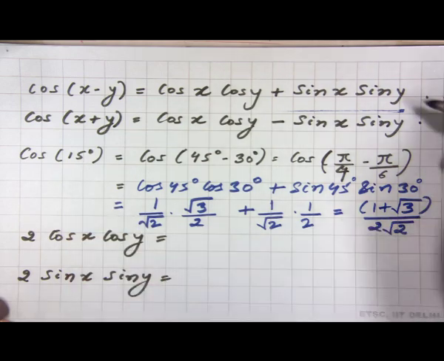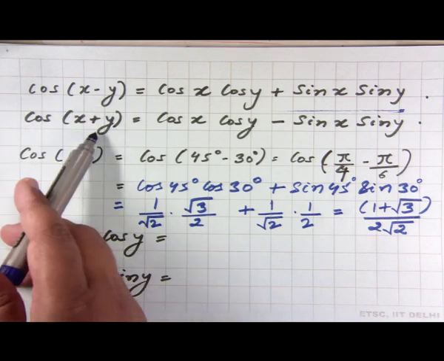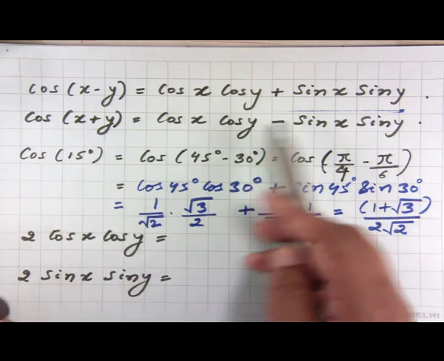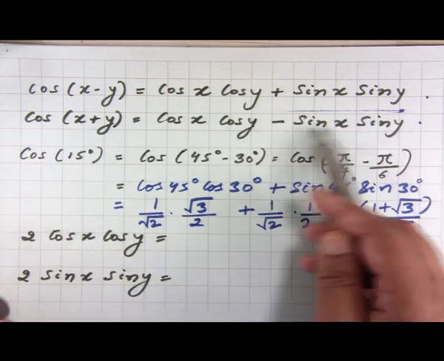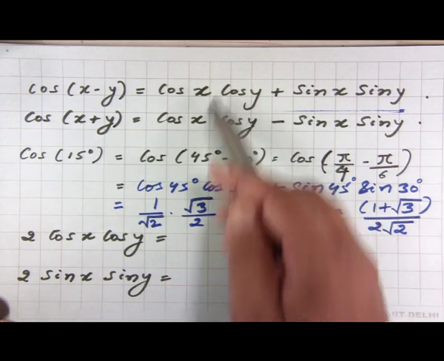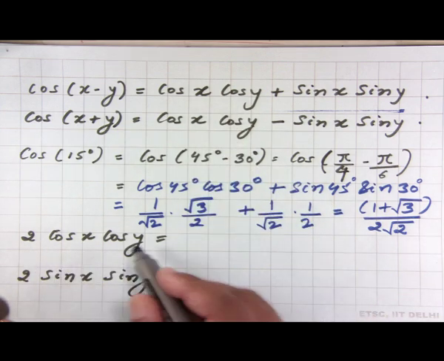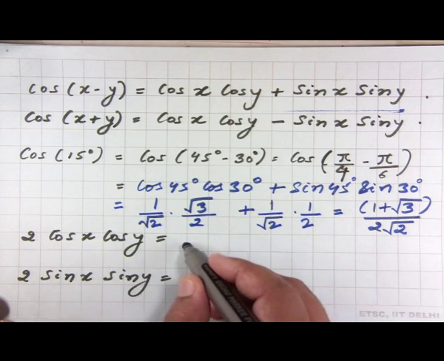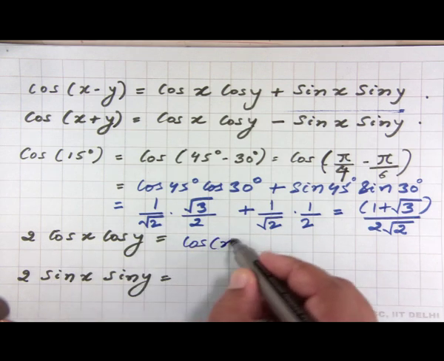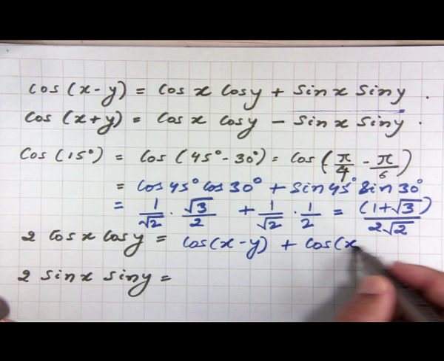If we add up these two equations, on the left hand side we are going to get cos of x minus y plus cos of x plus y, and on the right hand side sin x sin y is going to cancel because there is a plus here, there is a minus here, and then these two will get added up and we get 2 cos x cos y, and therefore 2 cos x cos y is equal to cos of x minus y plus cos of x plus y.